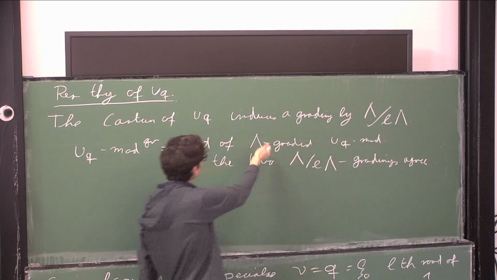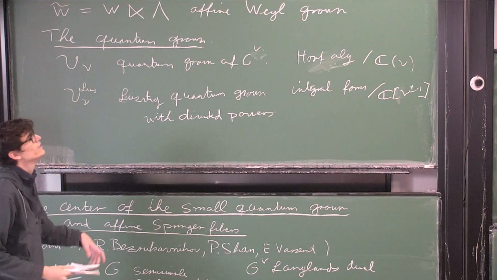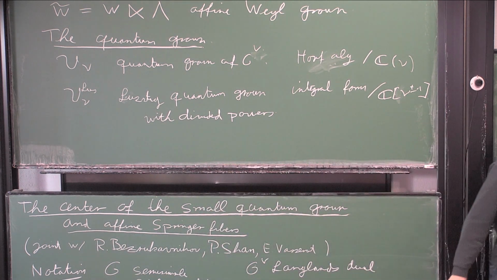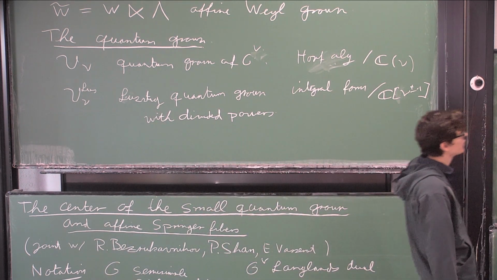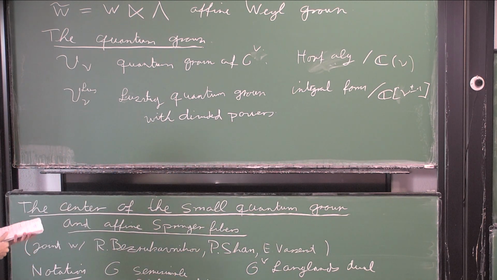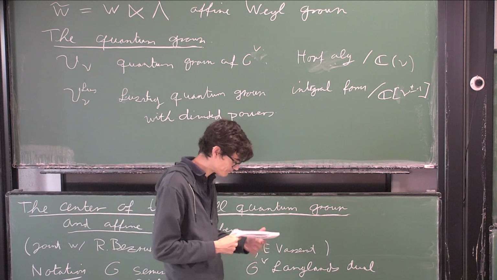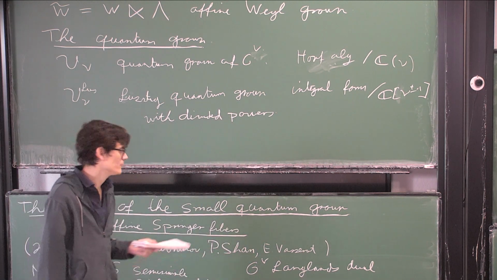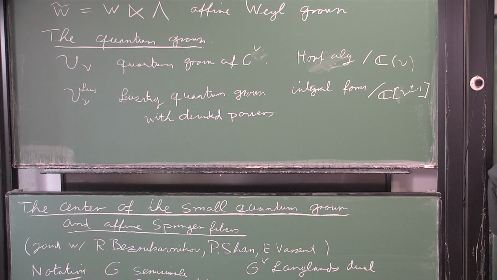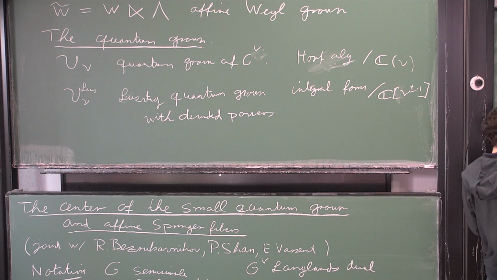So we just give some lambda grading to this vector space, to this UQ module, and we ask that the lambda mod L lambda grading induced by this grading and by the Cartan agree. So we're just adding as extra data that this category has some weight space decomposition.